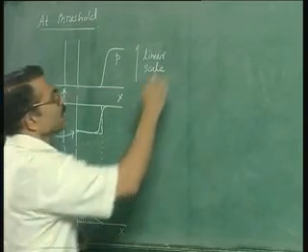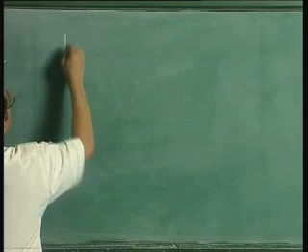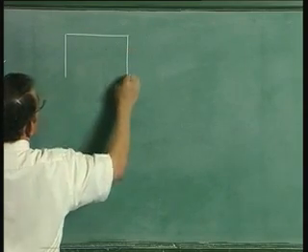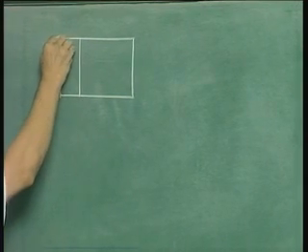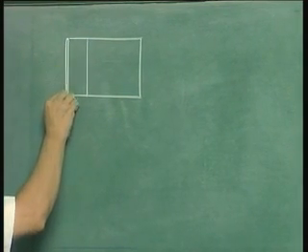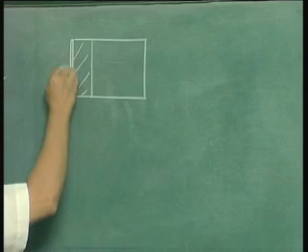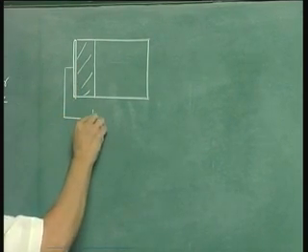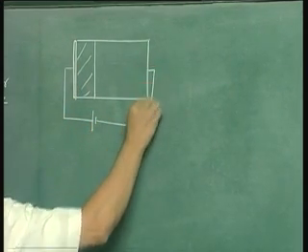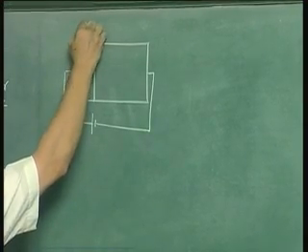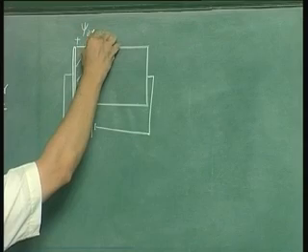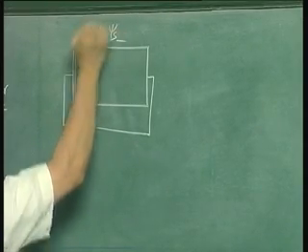So let us see in terms of our capacitor what are these components. Now you are applying a voltage here, and this voltage is falling across the oxide and across the semiconductor.